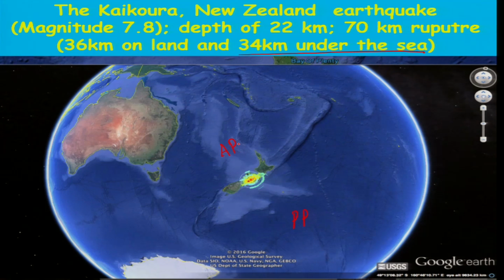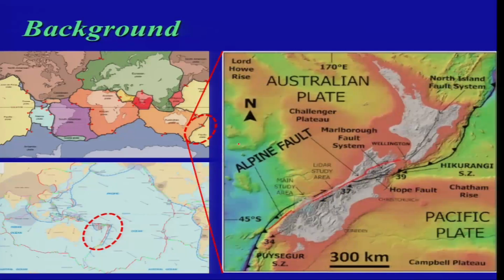There is subduction taking place between these two plates, and the convergence rate is quite high. If you see these numbers, it shows around 37 here, 39 here, and 34 here. These numbers are in millimeters per year. So the Pacific plate is subducting below the Australian plate, or they are subducting as well as sliding past each other, because there is a movement which has been shown here.